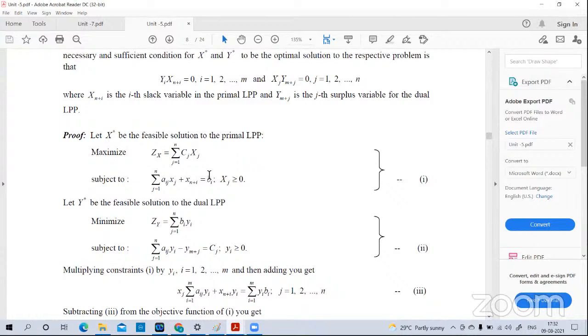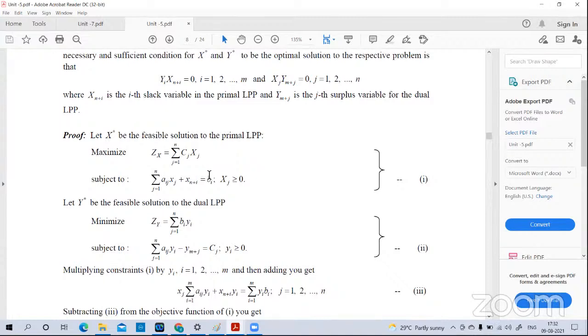So multiplying the constraints of 1 by the yi, i equal to 1 to m, and then adding, you get the summation of a_ij yi plus x_(n+1) yi equal to the summation i equal to 1 to m yi into bi.